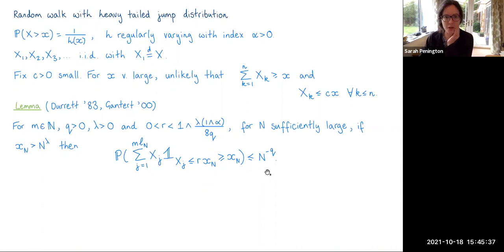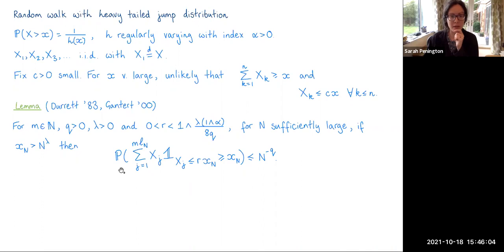So what this is saying is, let's look at the distance that the random walk moves in time m times l_n, but we set any jump to 0 if it's bigger than r times xn. If you remove all the jumps that are bigger than r times xn, then it's very unlikely that the random walk manages to move a distance xn.